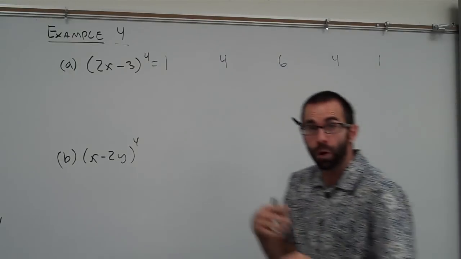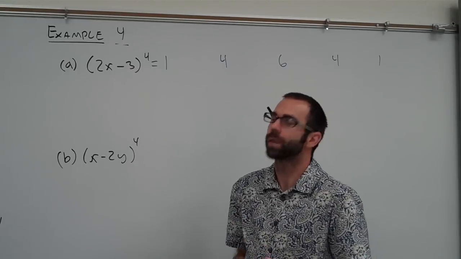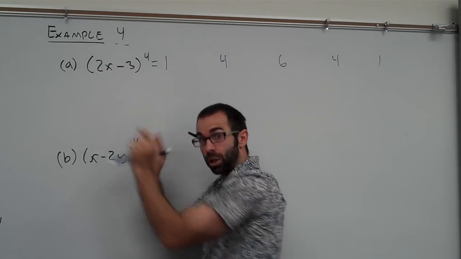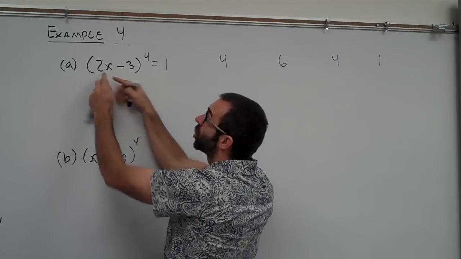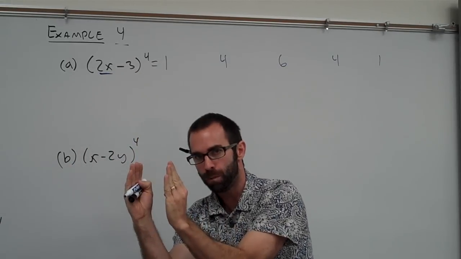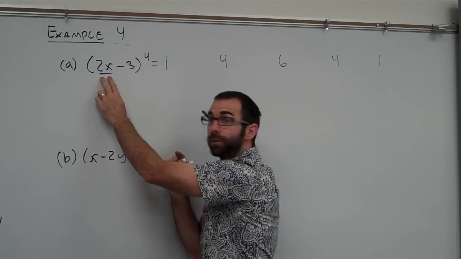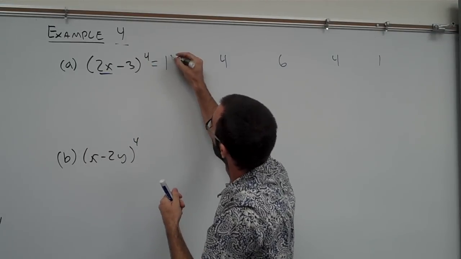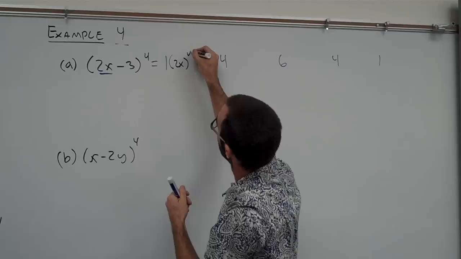Now, we're going to follow the pattern that Mr. Nzunla keeps going over with us, and that is we start with, not x now. See, this is a little different. Our first term is 2x. We take our first term and raise it to the power of 4, so it becomes 2x to the power of 4.